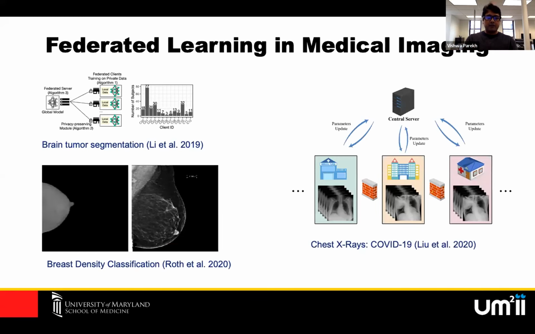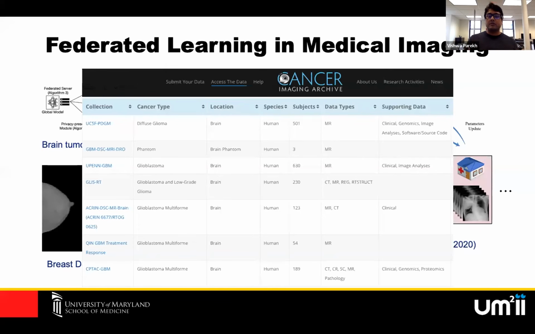Even with all of these applications, what you're seeing is all of these are very homogeneous applications, in the sense that your data set is very homogeneous. It's very much similar across all of these different places, as well as your task is also the same. But if we go back to the data that we were talking about, the TCIA data, each of these are different kinds of data sets.